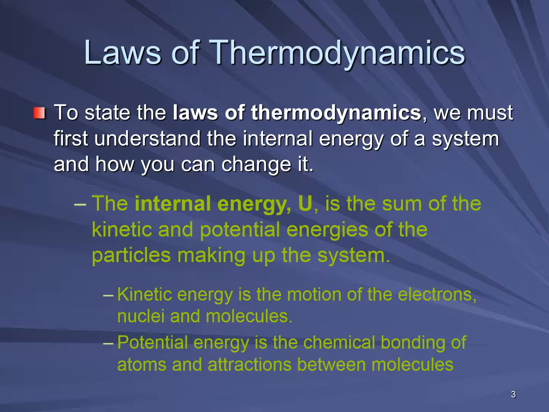So we know that kinetic energy is the energy of motion, and so that would include things like electrons moving, nuclei moving, molecules moving around. And then potential energy, we know, is stored energy, and so it is the energy that is found in chemical bonds, attractions between molecules, etc. So both of these types of energies make up the internal energy of some system.